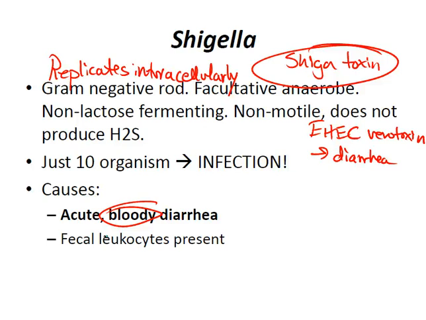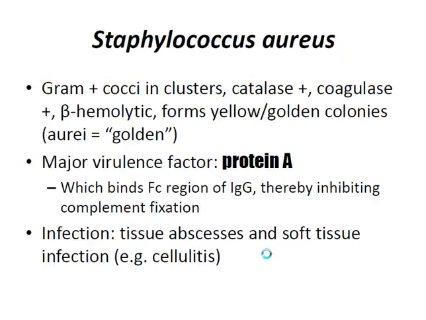So that is Shigella. You will see fecal leukocytes present in the stool. And look for dysentery really quick. So you've got it down to EHEC and Shigella if you're talking about dysentery. And the difference with Salmonella is it produces H2S. So, Staphylococcus aureus.